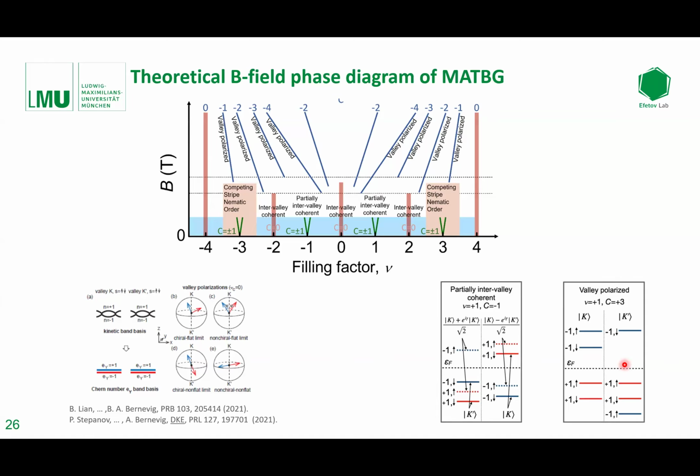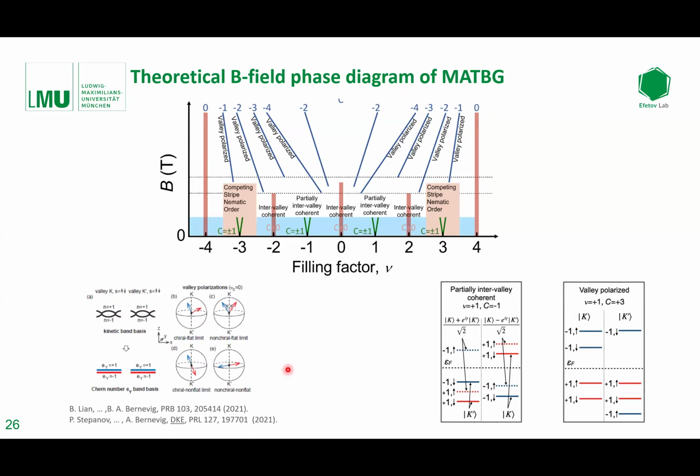Okay, and in the papers that were published at the time, there is also a very logical argument why magnetic fields tend to help polarize the system into these valley polarized states.